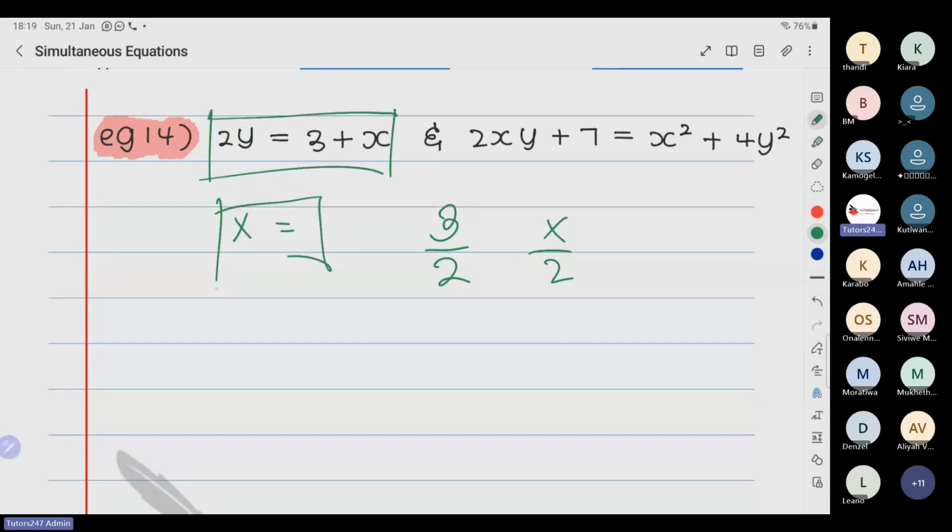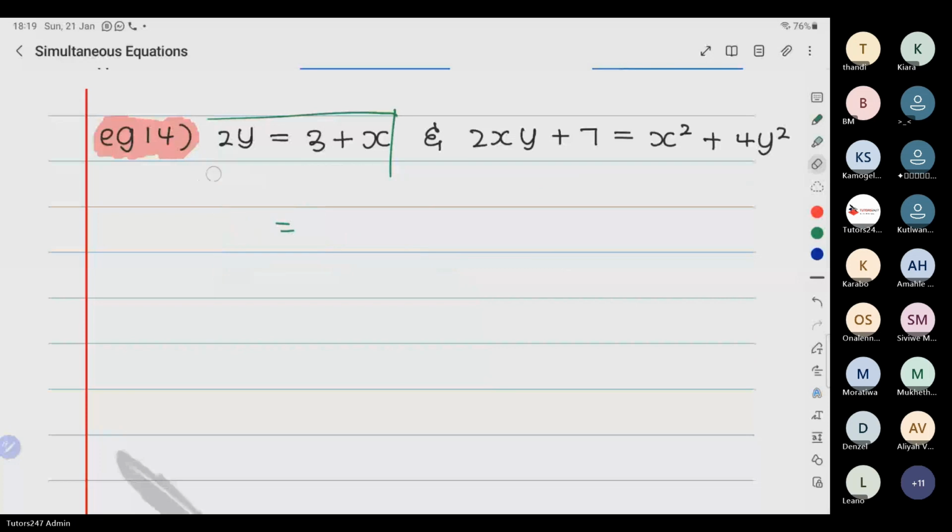I'm going to make x the subject of my formula. I'm going to take that equation of x and then substitute it into the second equation. So that is what we are now going to do. So let's start. If we want to solve for x or make x the subject of our equation, we can take 3 to the other side, making it -3.